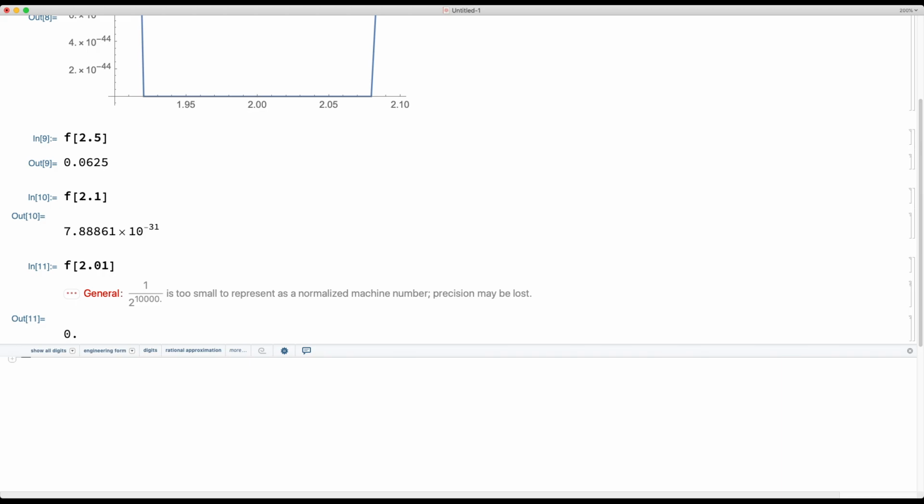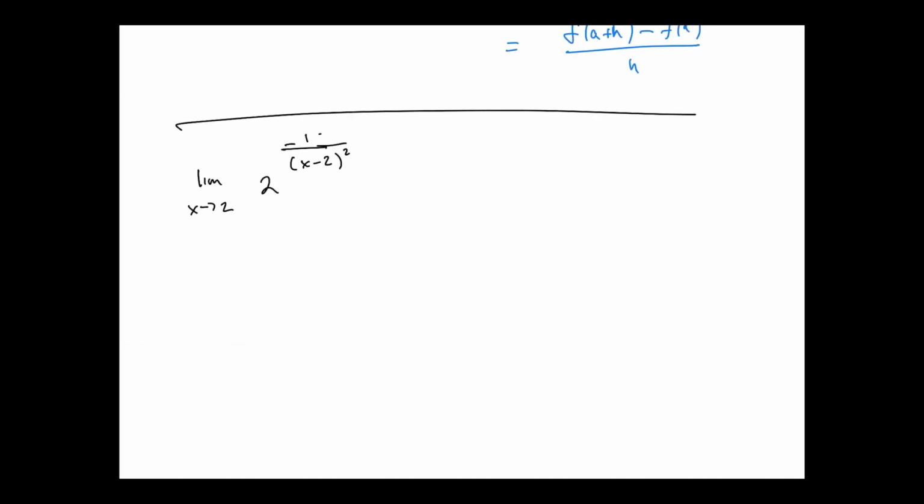What we want to ask ourselves is what should we make of this limit? Okay, so what do I mean when I write lim x approaches 2 or something?